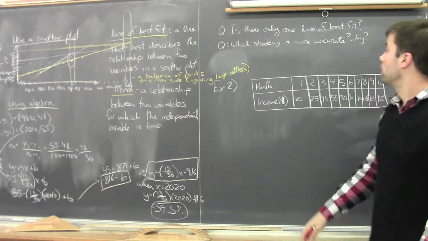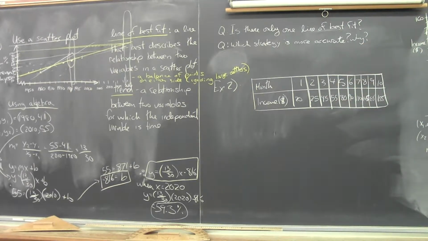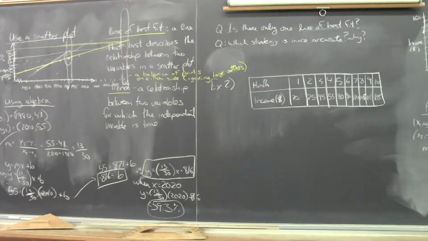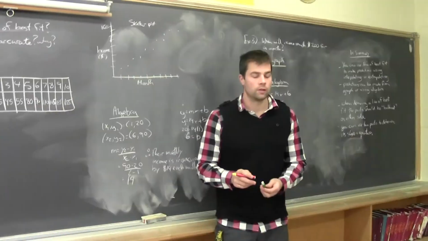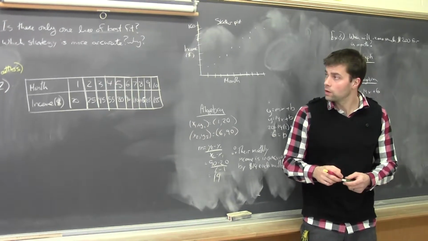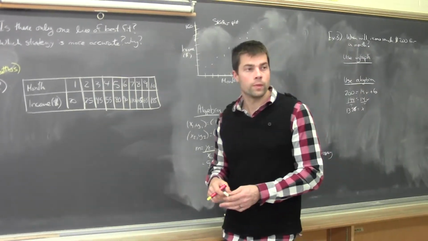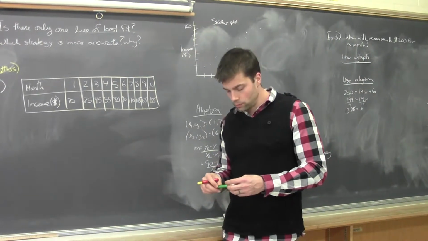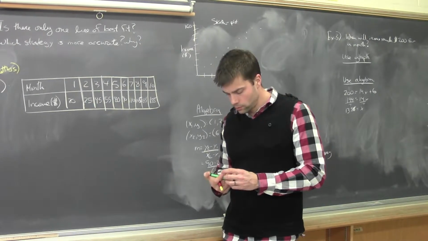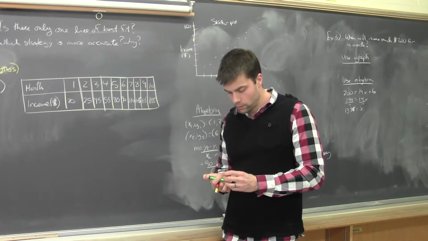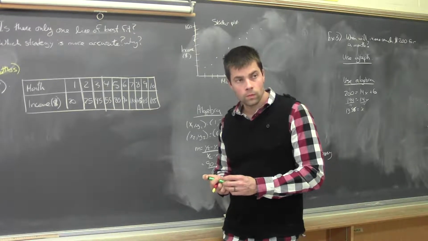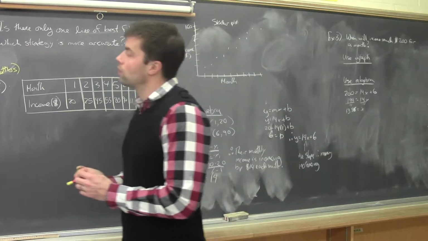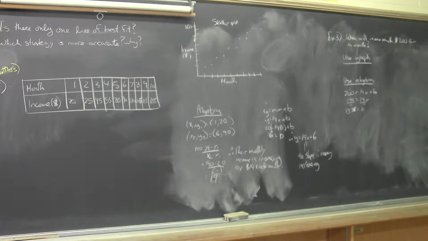All right. Next question. Which strategy is more accurate and why? Yeah, Matthew. The graph? Okay, why? Because then you can see where the point is exactly located. I would kind of tend to agree with you in this particular case.